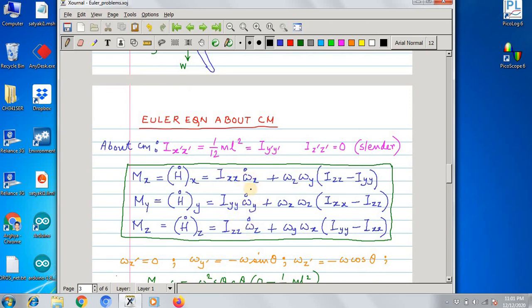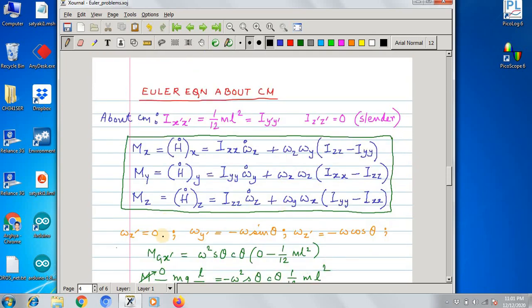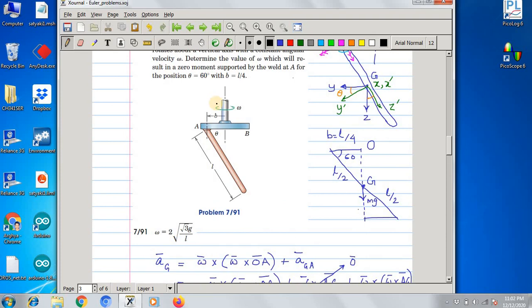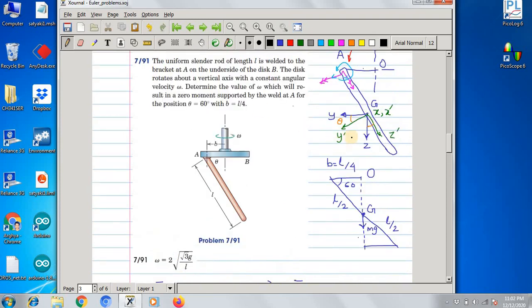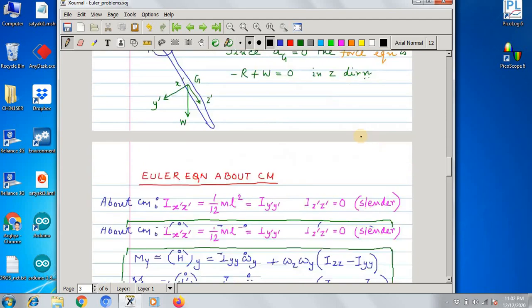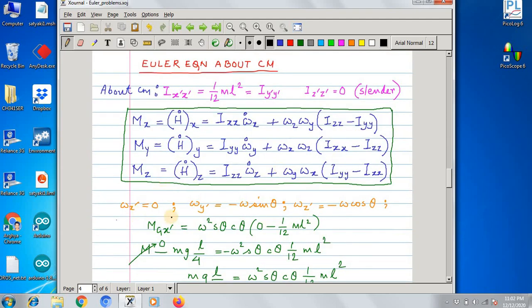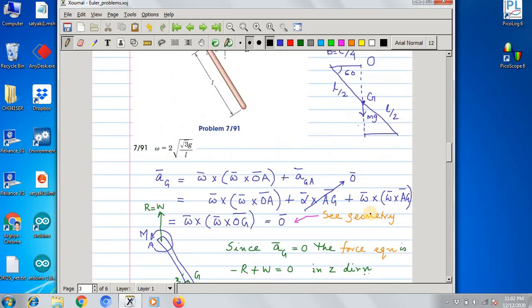So these first terms are all zeros, and you have to remember that z is actually z dashed, y is actually y dashed, and x is actually x dashed. Omega x dashed is 0 because omega is only about the z axis, and if you take components, it will have components along y dashed and z dashed. So omega y dashed is there and omega z dashed is there, but omega x dashed is not there.